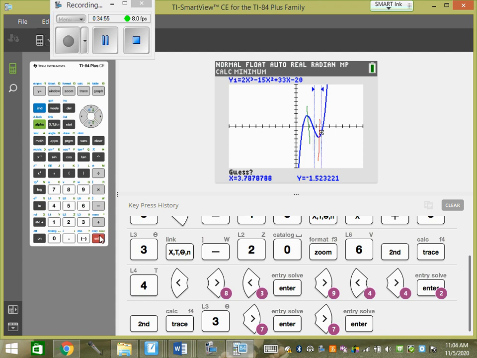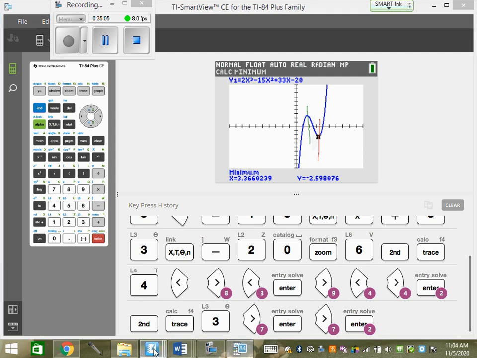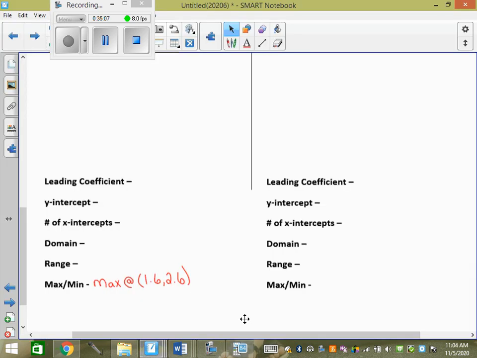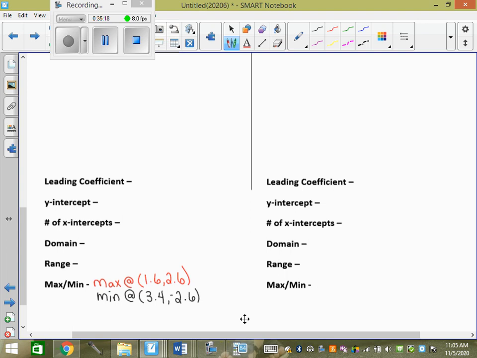And then it says guess, so I just hit enter. And it's at 3.4 and negative 2.6, right? 3.4 and negative 2.6. Okay?